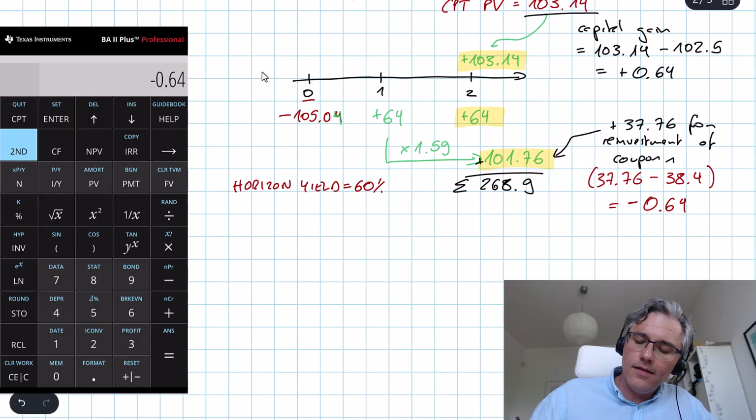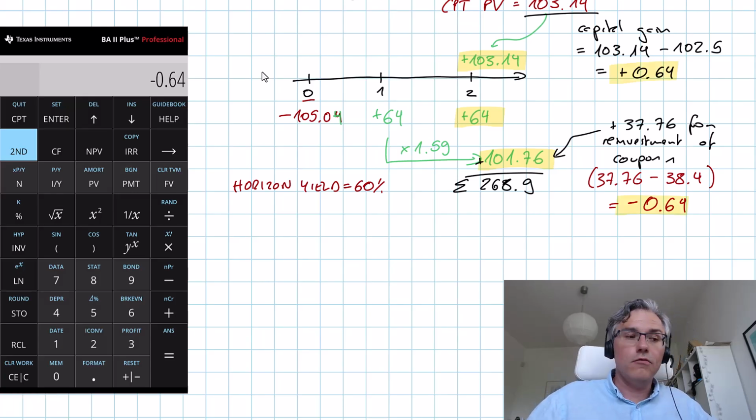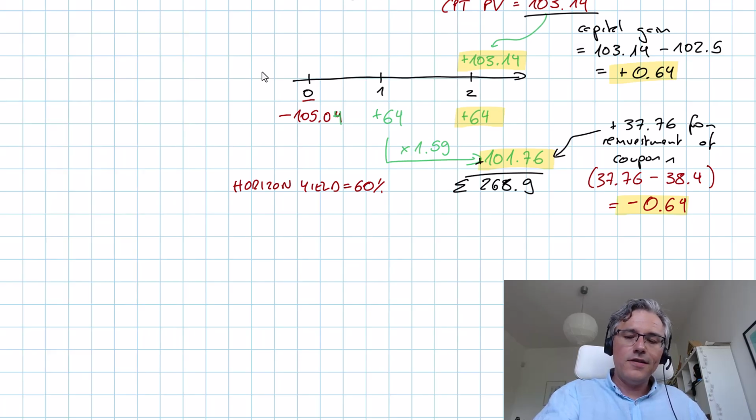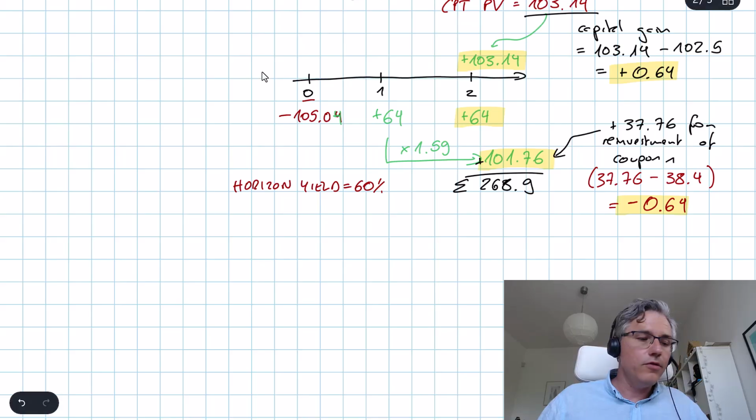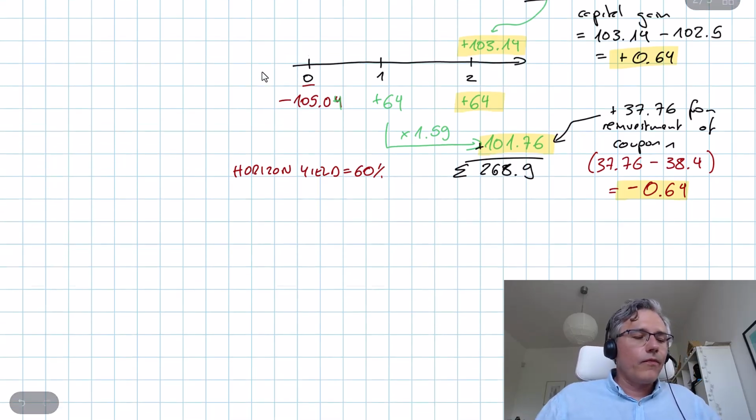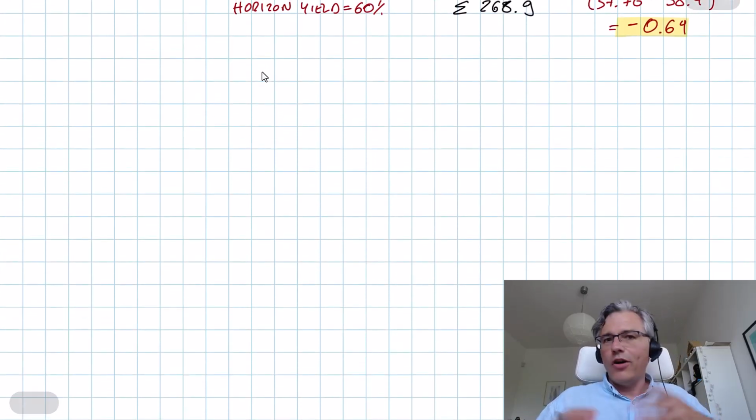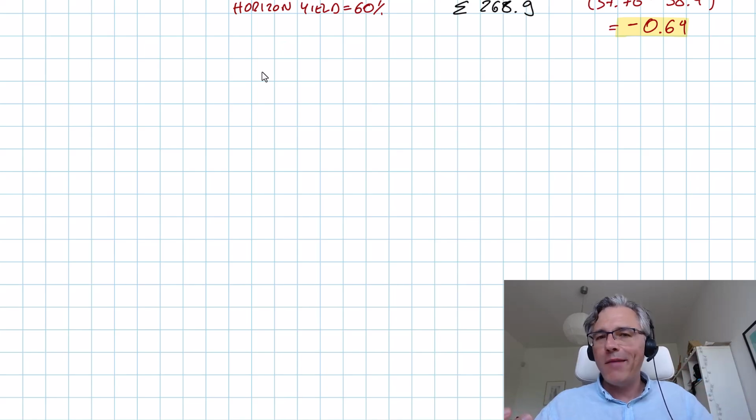And once again, the two offset one another, which is why we end up still having the same value at the end of year 2, 268.9. No wonder.